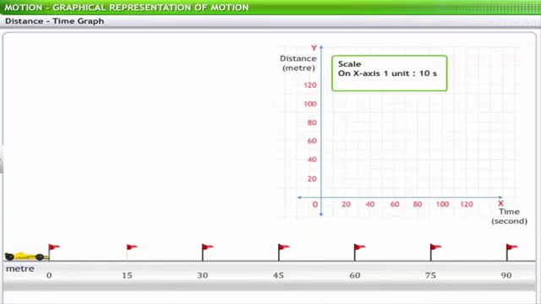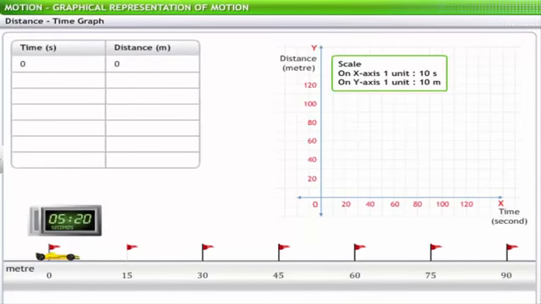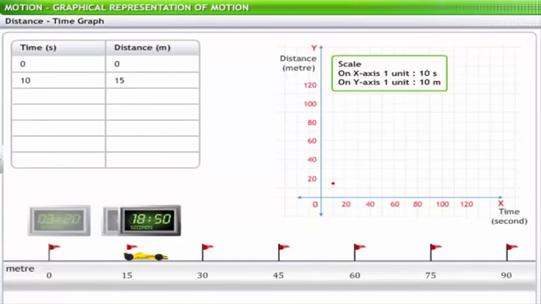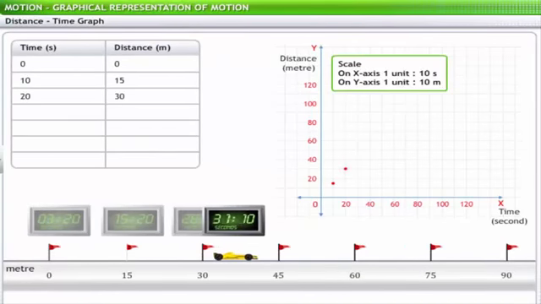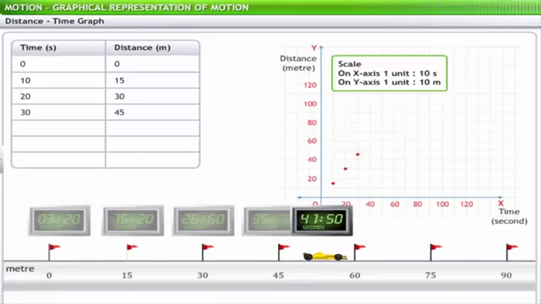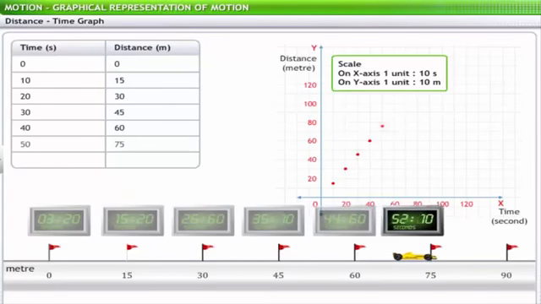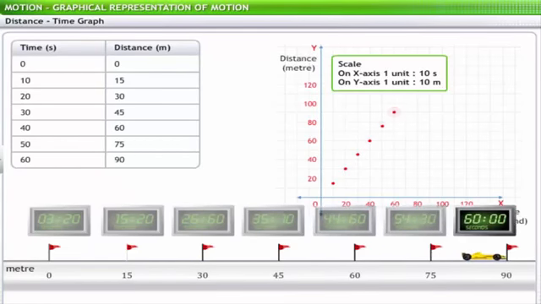For example, as mentioned earlier, your scale could be 1 unit equals 10 meters. For each set of figures, locate and plot a point at which the perpendiculars drawn from the respective time and distance values on the axis intersect. Finally, we connect all the points, starting from the origin using straight lines. This gives us a distance-time graph for the data provided.